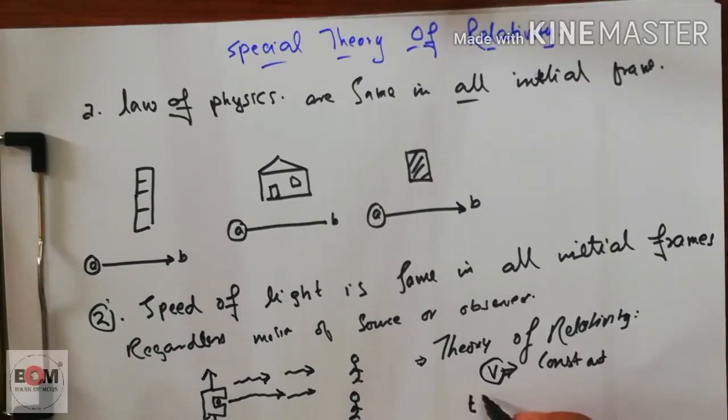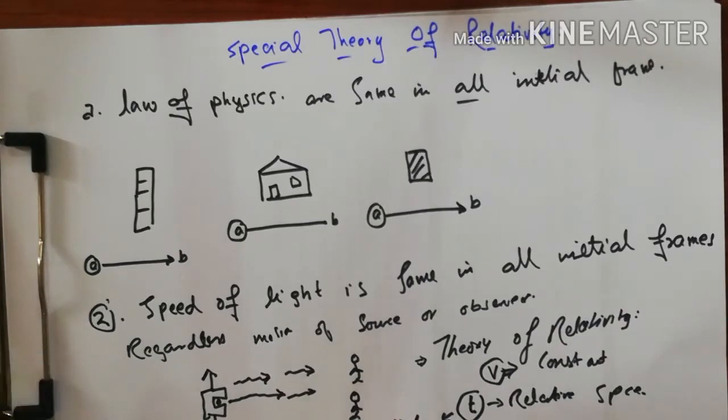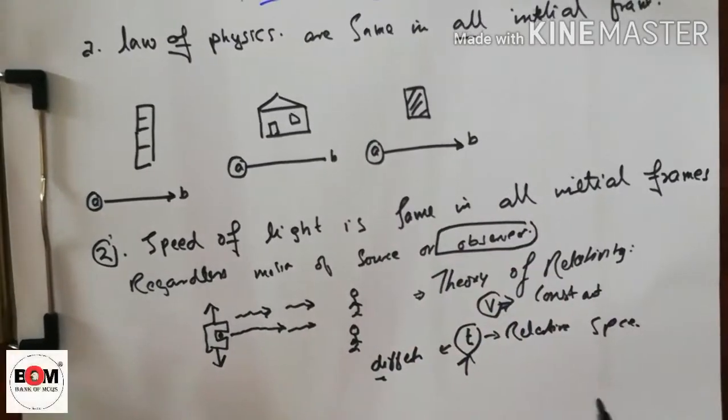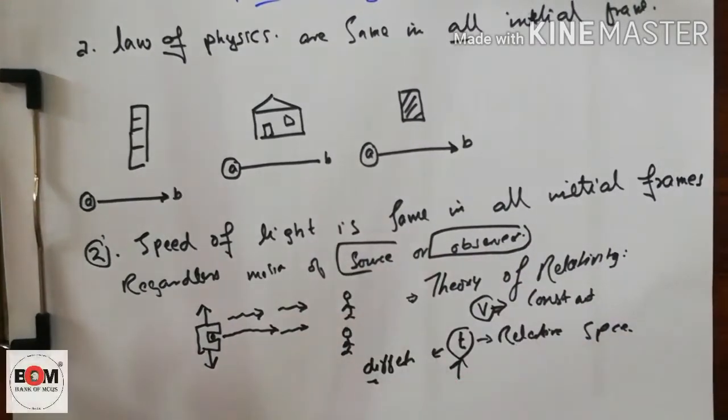What does it mean? That time will pass differently for different bodies. If the body is moving with the speed of light, then there will be an effect on time, depending upon how the bodies are moving. In other words, time passes differently for different observers depending upon how fast they are moving. The velocity does not depend on observer motion or the source, but the time depends on observer motion.